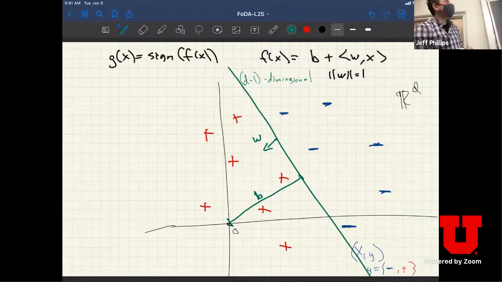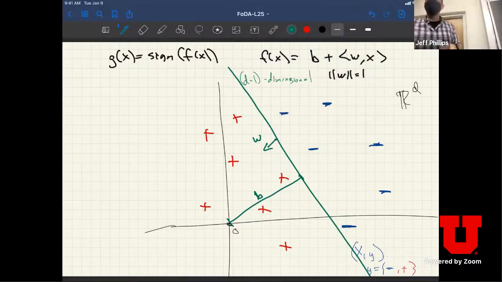It's the D minus 1 dimensional plane describing it, and I can describe that by a normal direction, which gives me the direction that's normal to the plane. It can be a sheet of paper in R^3, and the normal direction tells me the orientation of this plane, but how far it is off the origin is what B tells me.